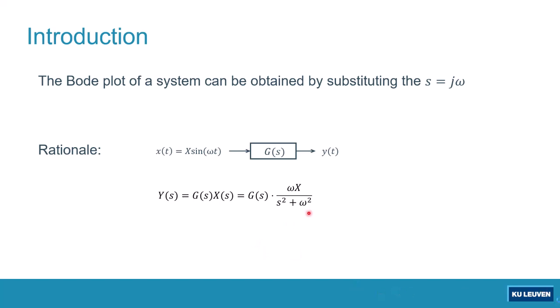As the Laplace of sine omega t is equal to omega over s squared plus omega squared, obviously then the response in the Laplace domain Y(s) will be equal to the transfer function G(s) times X omega over s squared plus omega squared.